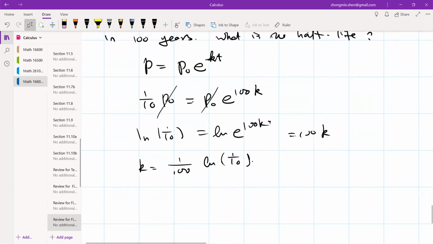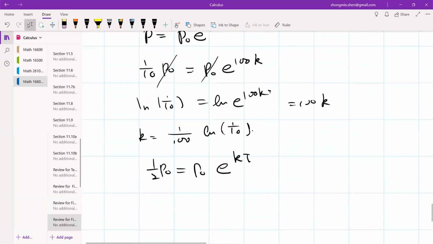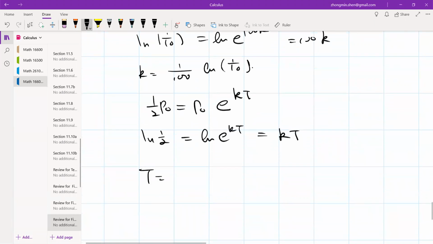Then for the half-life, you just put 1/2 equals e to the negative kT. So half-life is determined by that. It's reduced to the half. So the same story, you take the natural log, and it gives negative k times T. So all I have to do is solve for T and divide by k. What is k? k here is 1 over 100 natural log of 10.